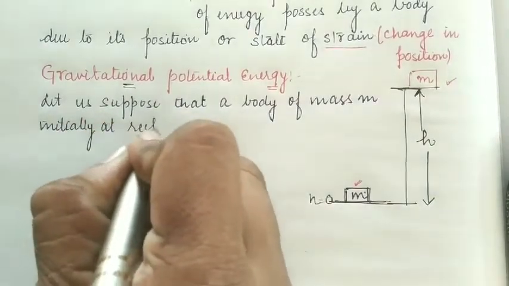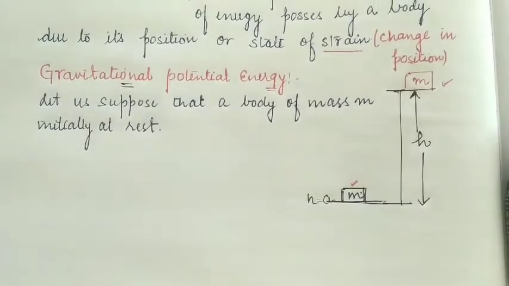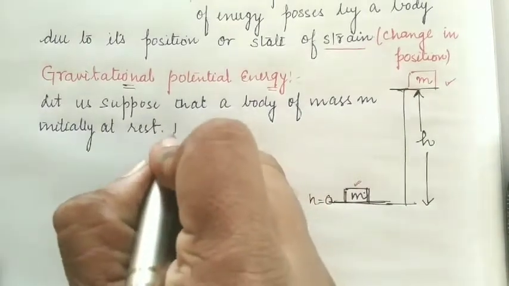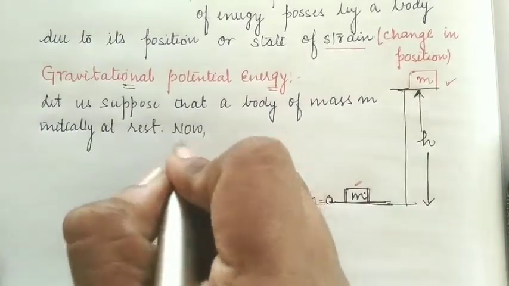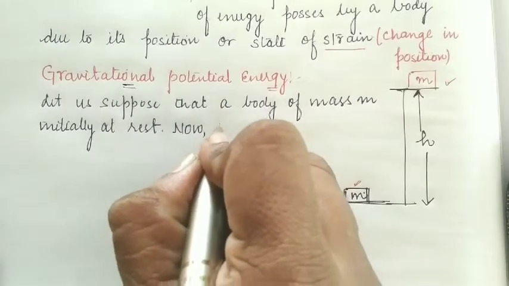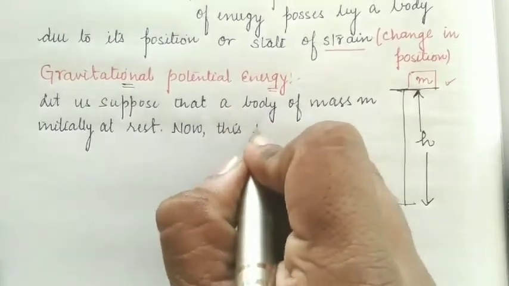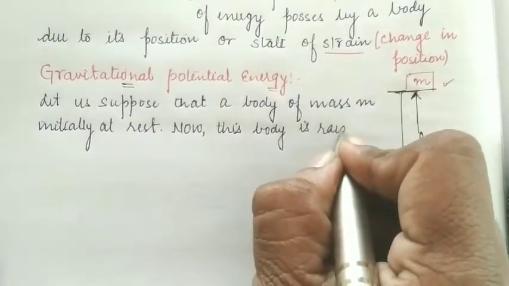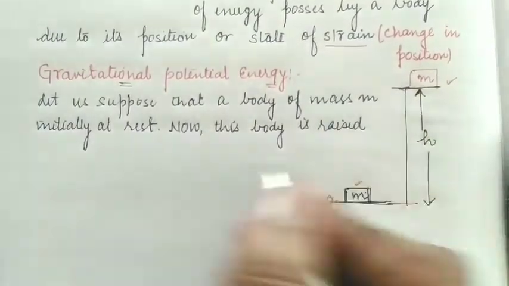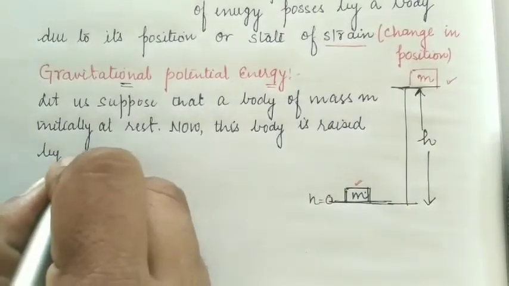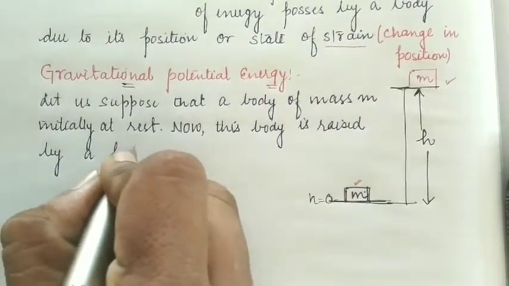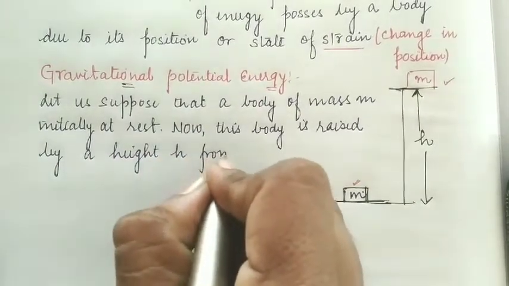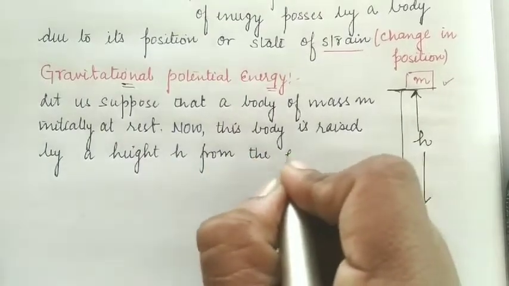It means its height is 0. It is at the surface of earth. Now this body or object is going to be raised by a height small h from the earth's surface.